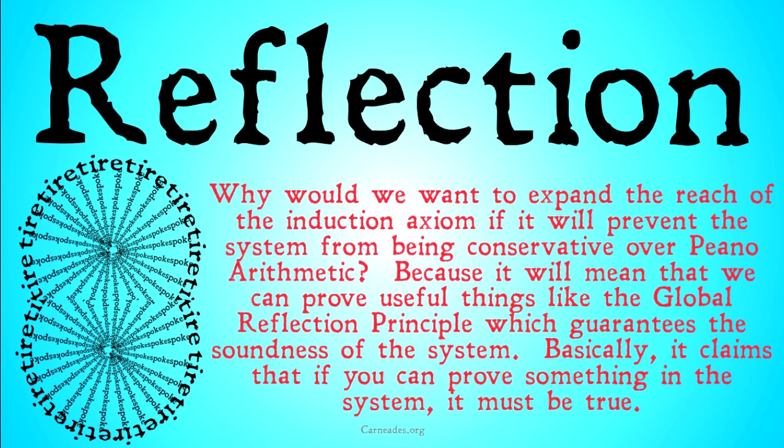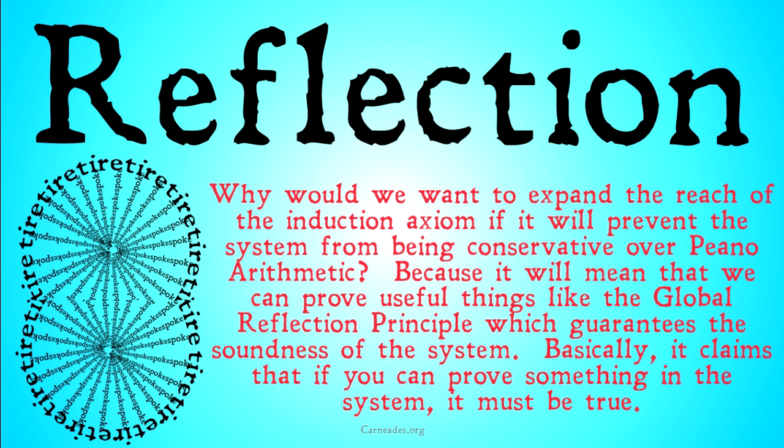One thing we can prove is something known as the global reflection principle. So why would we want to expand the reach of the induction axiom if it's going to prevent the system from being conservative over Peano arithmetic? It seems to make sense that we want our system to be conservative over the original base theory, because otherwise that means just by defining truth, we're adding new rules or new true statements which have nothing to do with truth.